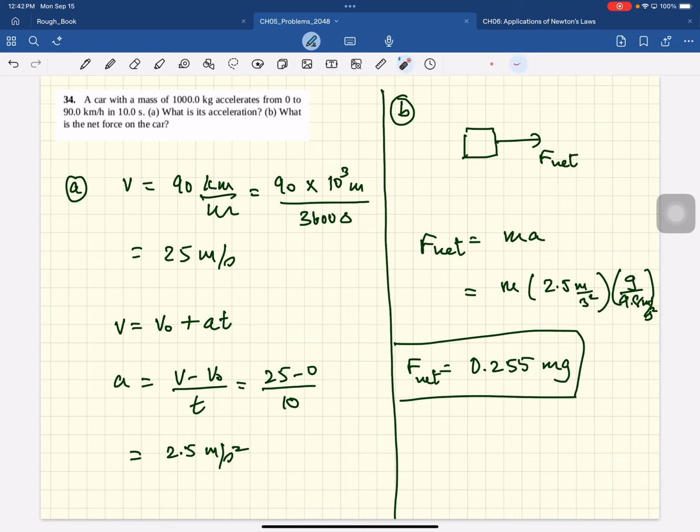So you see this is a little more meaningful. The thrust of the engine, the net force that the engine is exerting, is 25% of the weight of the car.